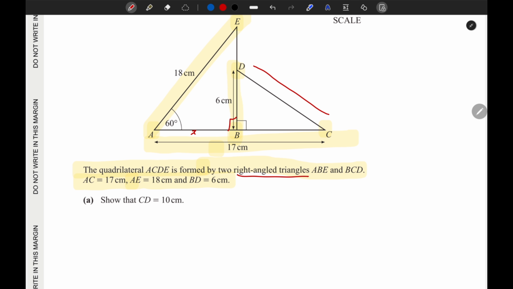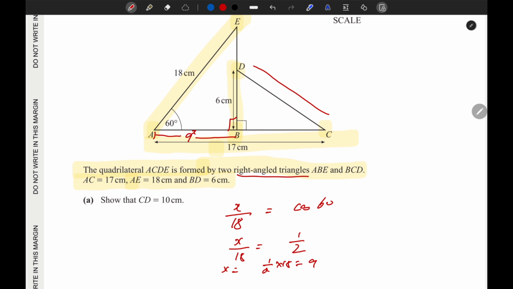We know that x by 18, adjacent by hypotenuse, equals cos 60. Now what is cos 60? You can use the table, or you should memorize them. Cos 60 is 1 by 2, so x by 18 equals 1 by 2. So x is 1 by 2 times 18, that equals 9. So from A to B, this is 9.